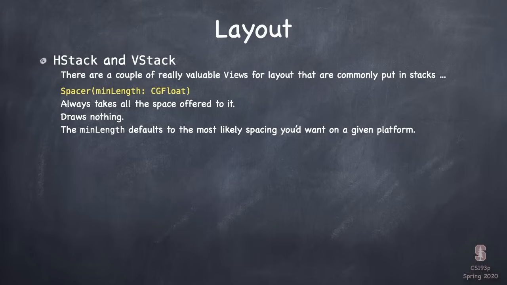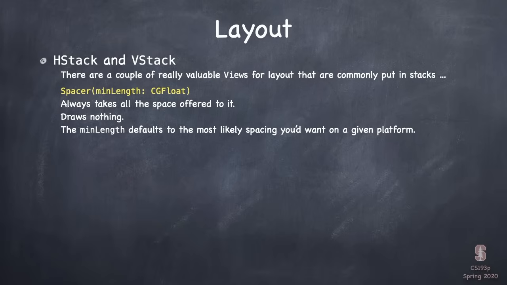One thing that you're going to start to get used to as the quarter goes on, is that even though we're focusing on iOS, you can use SwiftUI on Apple Watch and Apple TV, and the spacing and the layout is a little different on these platforms. And SwiftUI is really smart about saying, oh, I'm on an Apple Watch, so I'm going to use this much space in my spacer by default or whatever.